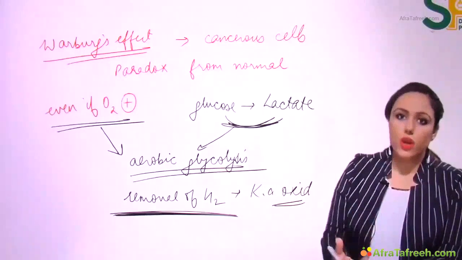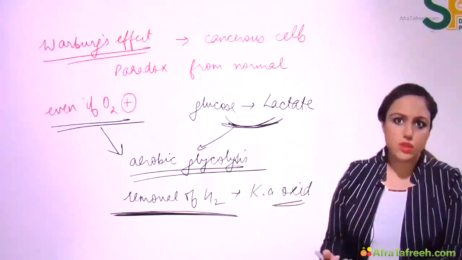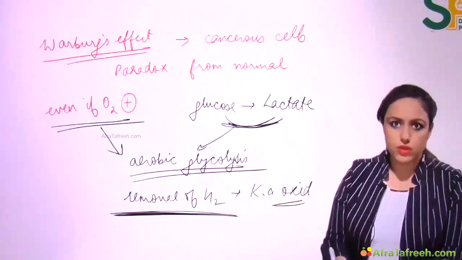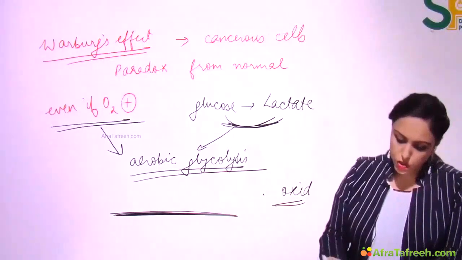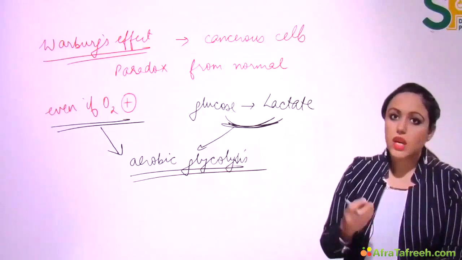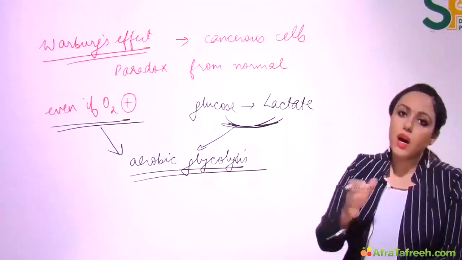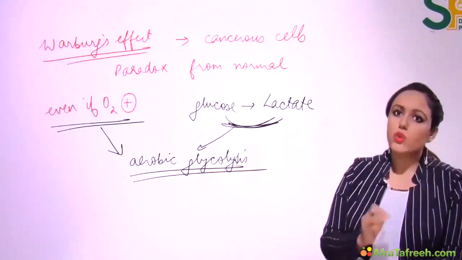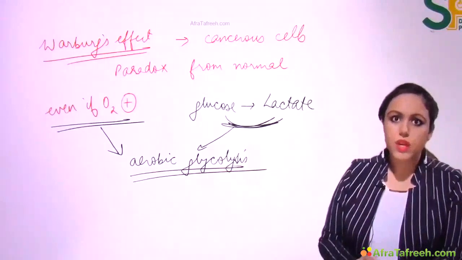Sometimes we do such things in theory that it is just known as, okay? So here also in Warburg's effect, it is known as aerobic glycolysis. It is a kind of glycolysis occurring in the presence of oxygen.